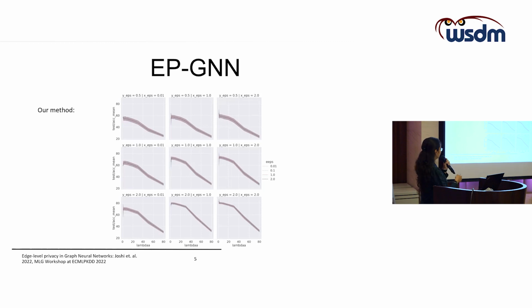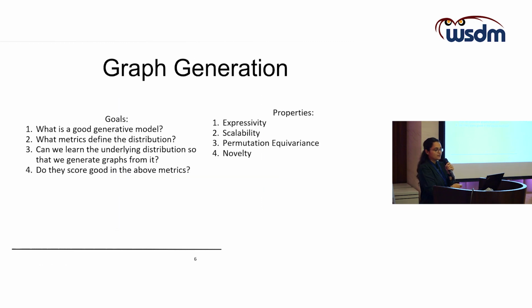There is some other work also going on, submitted somewhere, so not discussing it here as of now. The other problem that I'm working on is graph generation. Currently we see a lot of graph generation papers published at many venues. What makes a good generative model is something that I'm looking at.